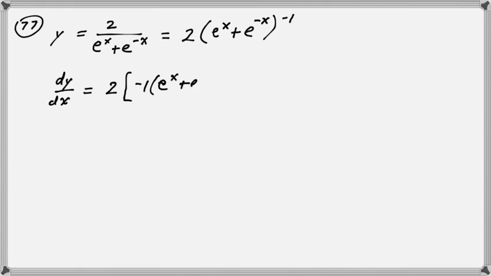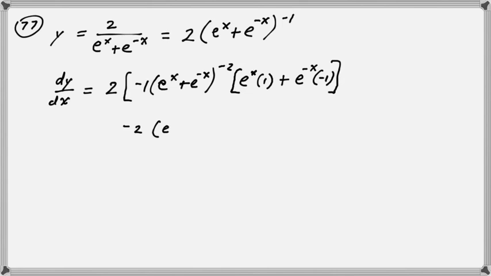Power, base to 1 less power times the derivative of the base. Well, the derivative of e to the x is e to the same power times the derivative of the power. So I have a negative 2. I believe this would be e to the x plus e to the negative x, and that's going to go to the bottom and become squared because of the negative 2.